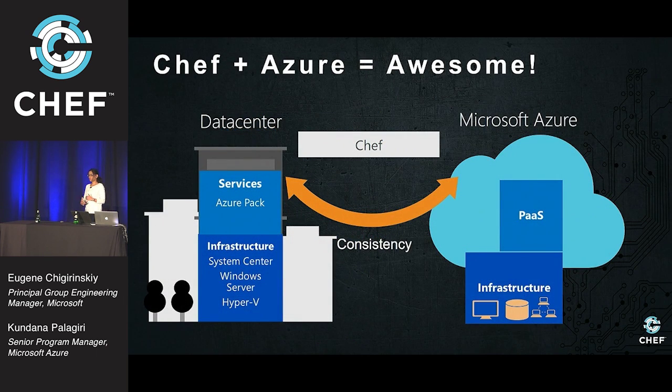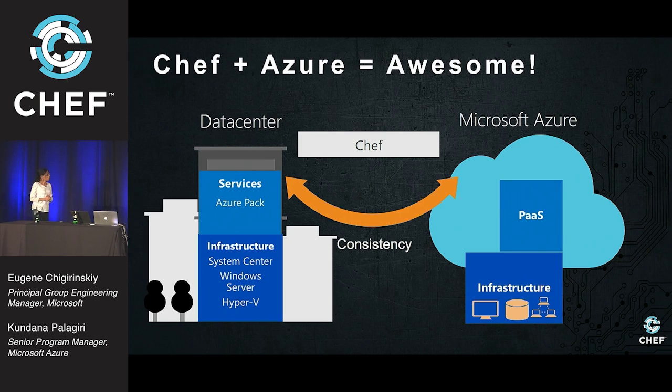And the last thing, right? Why Chef on Azure? Why is it really cool? Some of the work that we have been doing in the last few months is to bring the level of consistency between your on-prem data center or cloud. So what that means is you have the same stack that runs on both environments, and you have the same set of tools and APIs that you can use to access any of these.